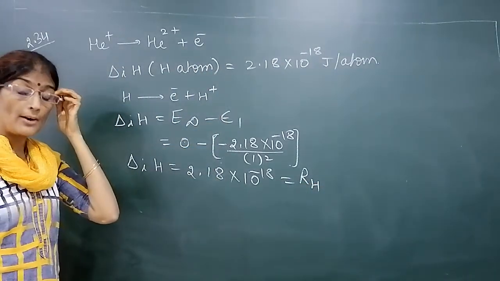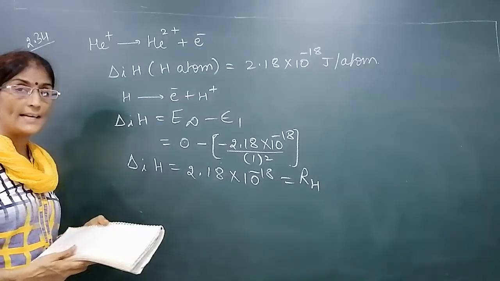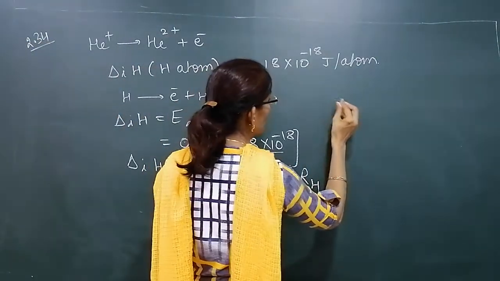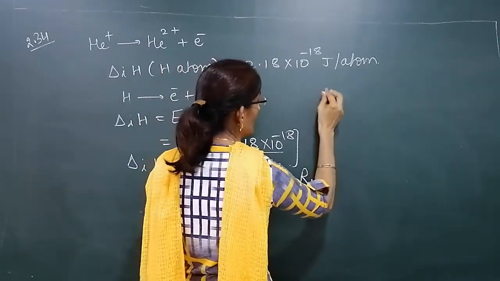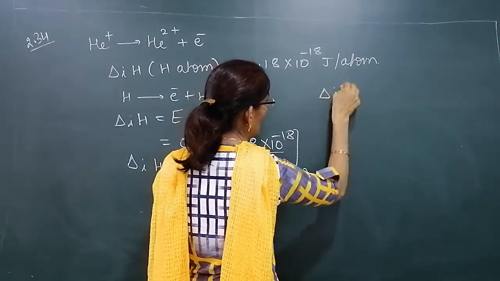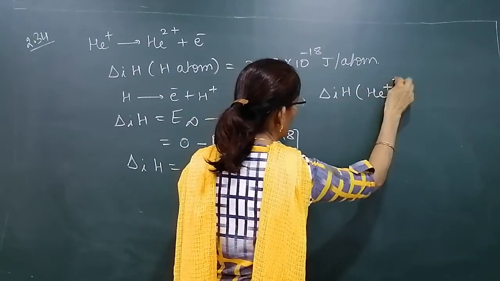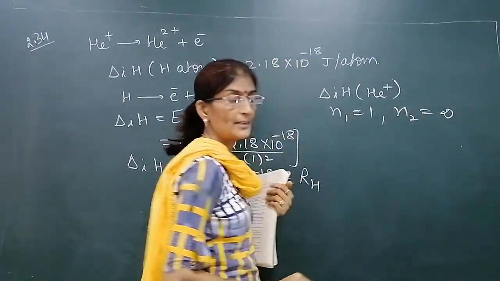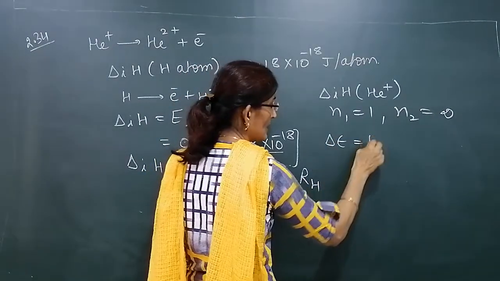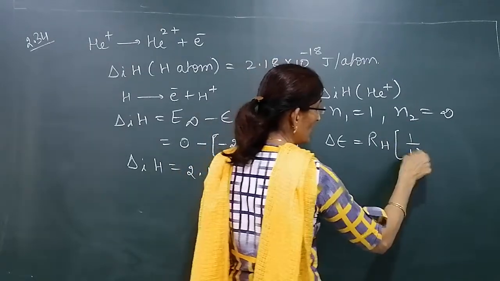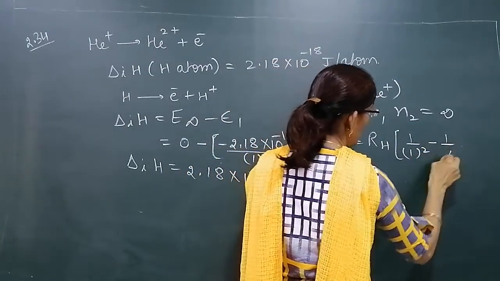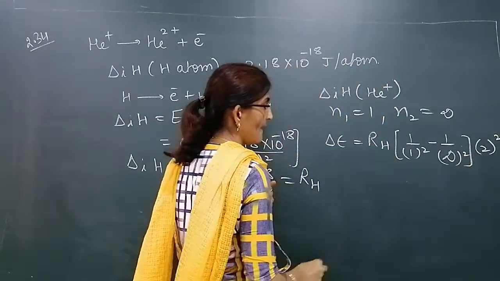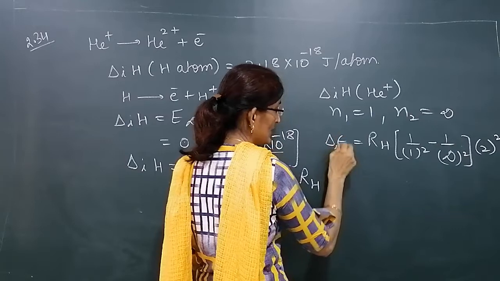Clear? Now we have to calculate for helium. Ionization energy of helium, He plus. What is ionization energy for He plus? Electron can move from N1 to N2 infinite. So what is delta E? It is RH times (1 upon 1 square minus 1 upon infinite square) into Z square, and Z is 2, so 2 square.